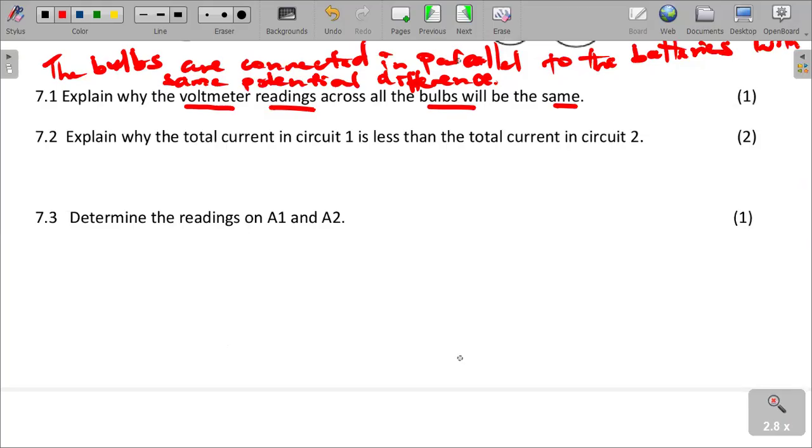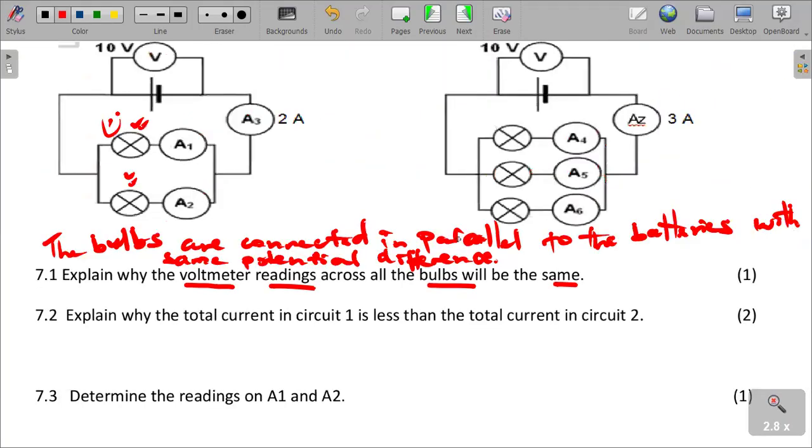Explain why the total current in circuit 1 is less than the total current in circuit 2. What we can see is that circuit 1 has less bulbs connected in parallel.